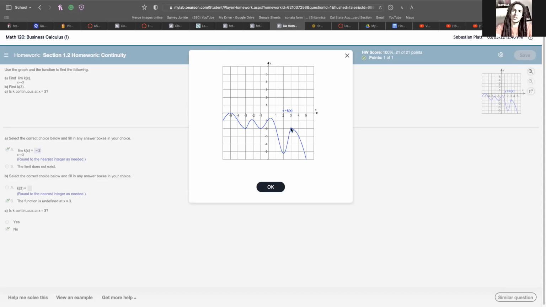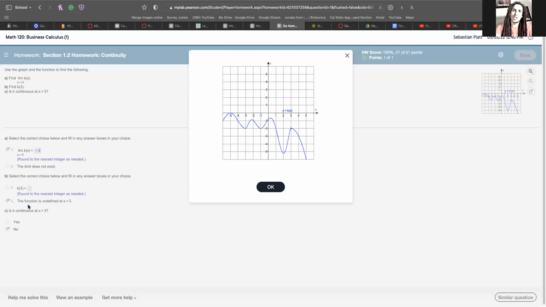Then we are going to determine the function value. And as you see here, the function value is undefined at x = 3. Now, why is that? It's because at x = 3, at the -2 for y, there's an open circle here. If the circle was closed, then the answer would be -2.